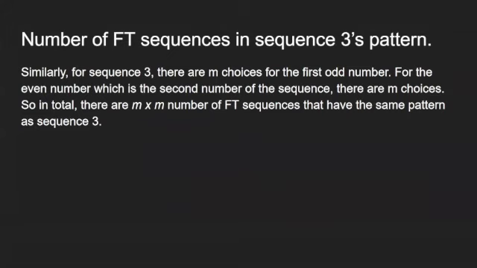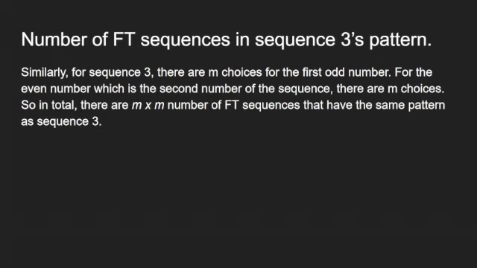So for the number of ft sequences in sequence 3's pattern, there are m choices for the first odd number, same thing. And for the even number, which is the second term of the sequence, there are also m choices because we didn't pick a choice for an odd number, and we're not picking for an odd number.